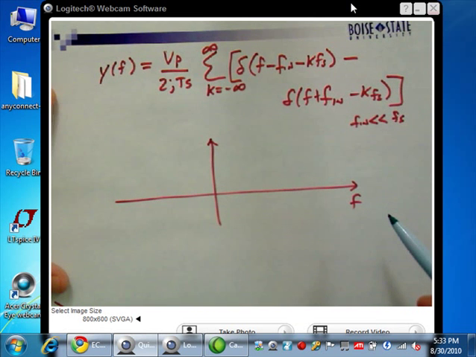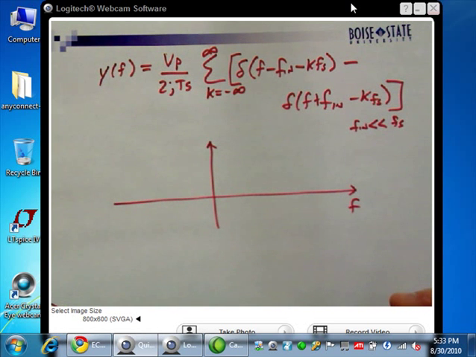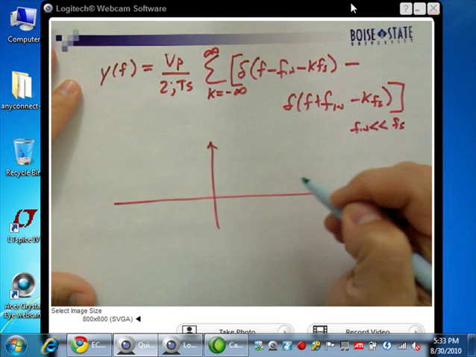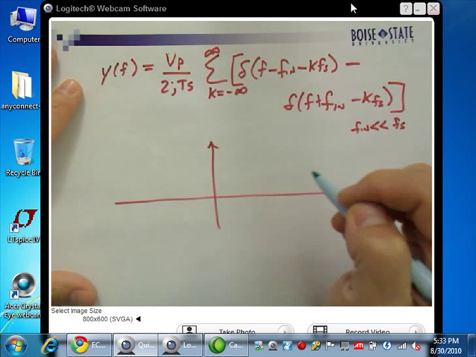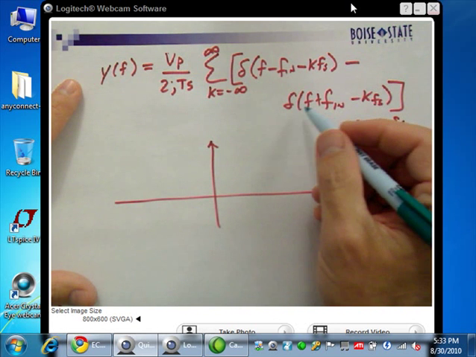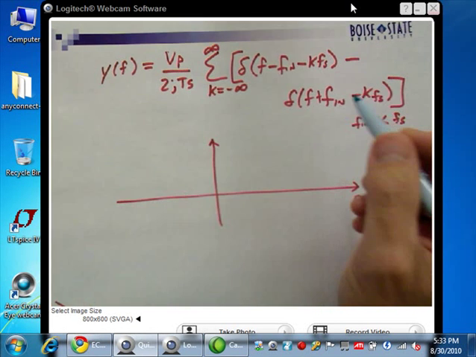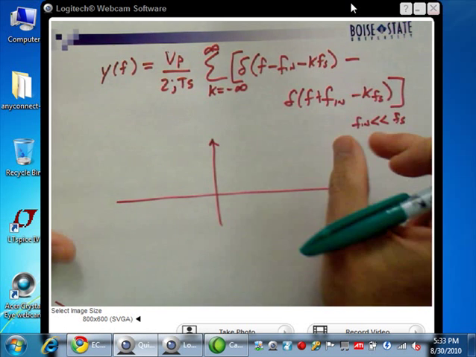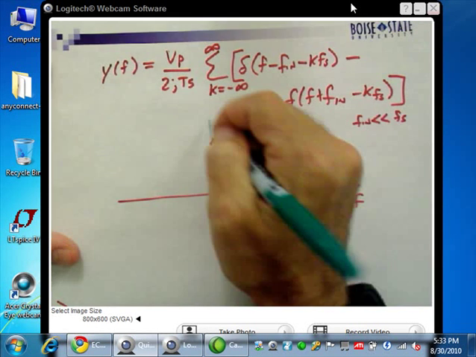How about k equals 0? So if k equals 0, what does my output look like? Should I draw the minus here to sketch it? If I draw the magnitude, it's going up. Would everybody be okay if I just drew the magnitude?